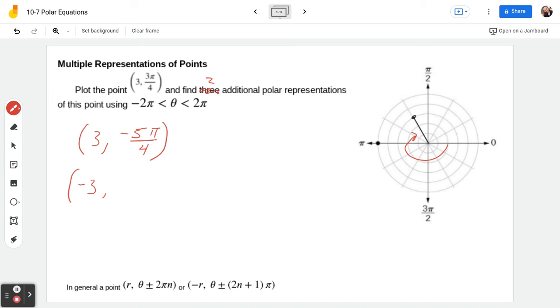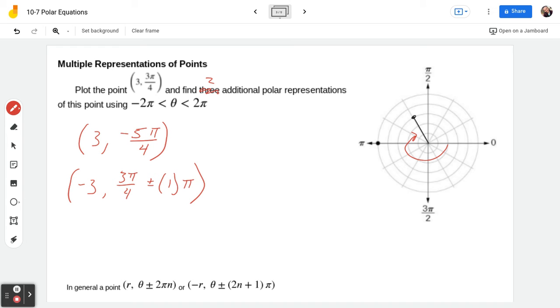In this case, maybe we say n is 0. So let's see what that would do. Say I take my theta, which is 3 pi over 4, and then we're going to say plus or minus (2n plus 1) pi, where n is 0, so 1 times pi, and we're going to see if that ends up being the same thing.